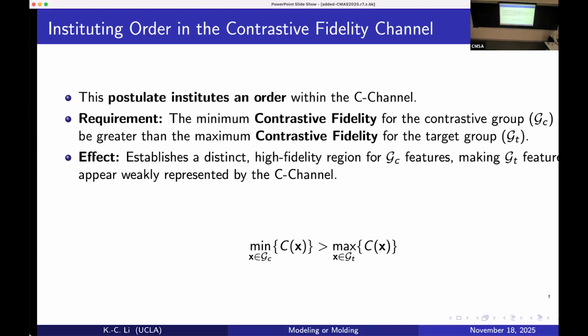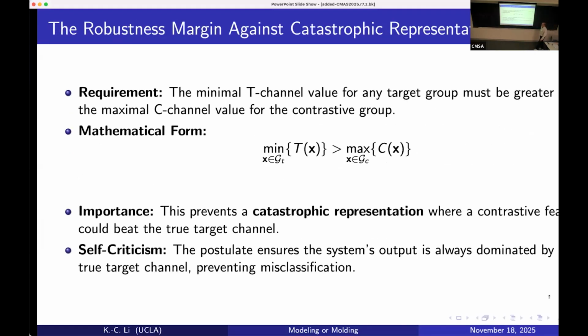Now, the most important part, which in fact will bring out some nice geometry, is what we call the cross channel. The minimum T value for any target group must be greater than the maximum C channel value for the contrast group. Why do we need that? Because for each X, you will have two values. One represents the target feature, and the other is the counter target feature.